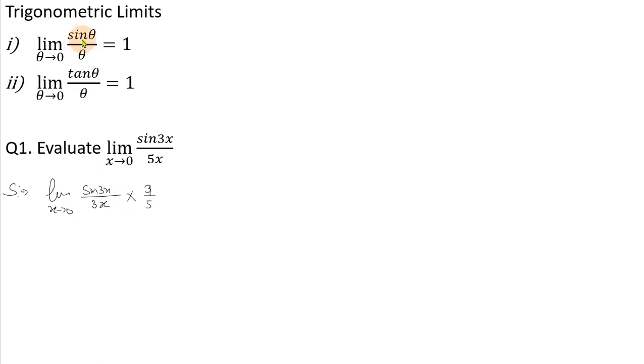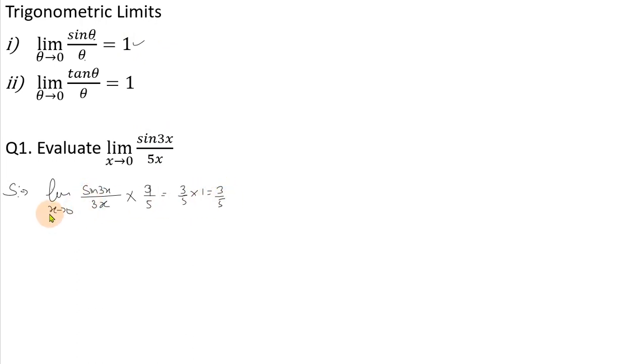Like here sin theta upon theta, so here angle is 3x, so we need to make angle 3x. For that we multiply and divide by 3, so the answer is now 3 by 5, and this whole term using this formula equals to 1, so we get 3 upon 5.